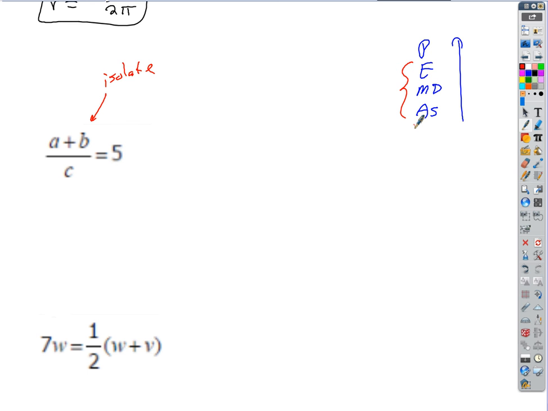Are there any parentheses in this problem? They're not written, but they're there, right? Where do we have to put parentheses when we have a big fraction like that? Around the a plus b, we have to put parentheses around the whole numerator, and we don't really need them on the bottom because there's only one thing.